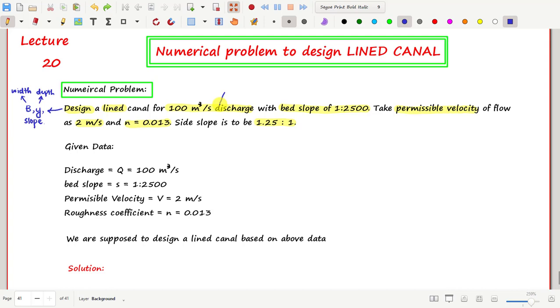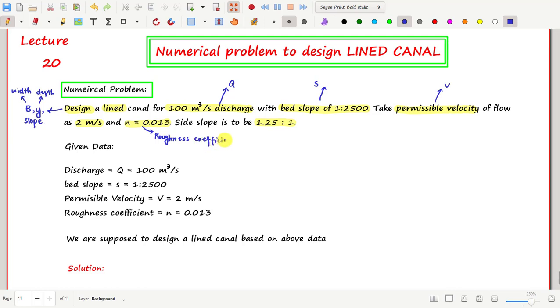q, right? Discharge is given to us, q. Bed slope is given to us, which is s. Permissible velocity is given to us, which is v, and then we are given n. This is Manning's coefficient, or we call it roughness coefficient, right?